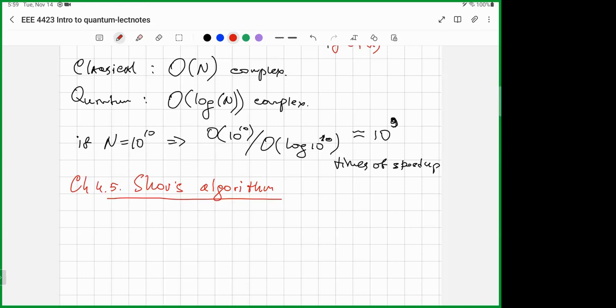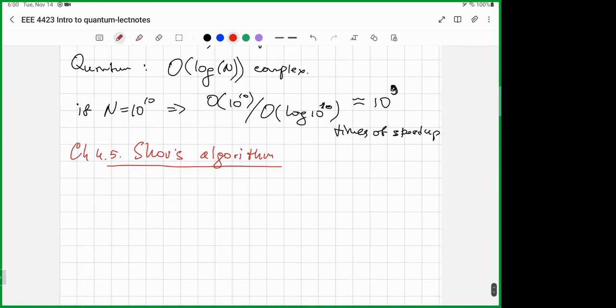Shor's algorithm is very much connected to the Fourier transform and the quantum Fourier transform. Before discussing Shor's algorithm, let us ask ourselves if we can use quantum computers for a more efficient Fourier transform analysis.